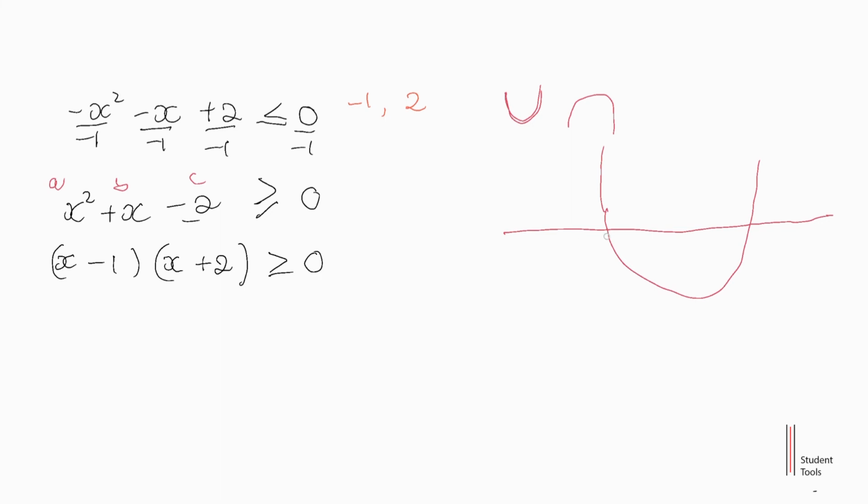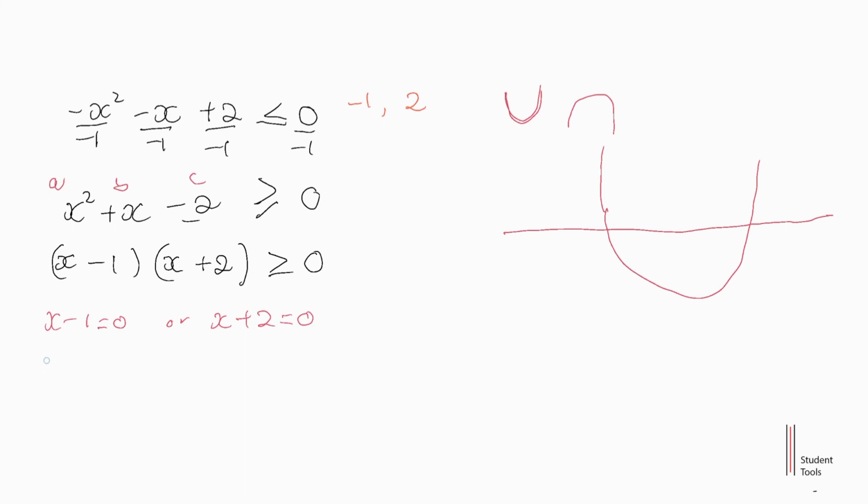We don't know where it meets the x-axis. So let us determine the values where it meets the x-axis. We'll do it like this. x minus 1 equal to 0. Or, these are not your answers, because at the end of the day we will have to erase this. So here we will have x plus 2 equal to 0. And then you make x the subject of the formula.